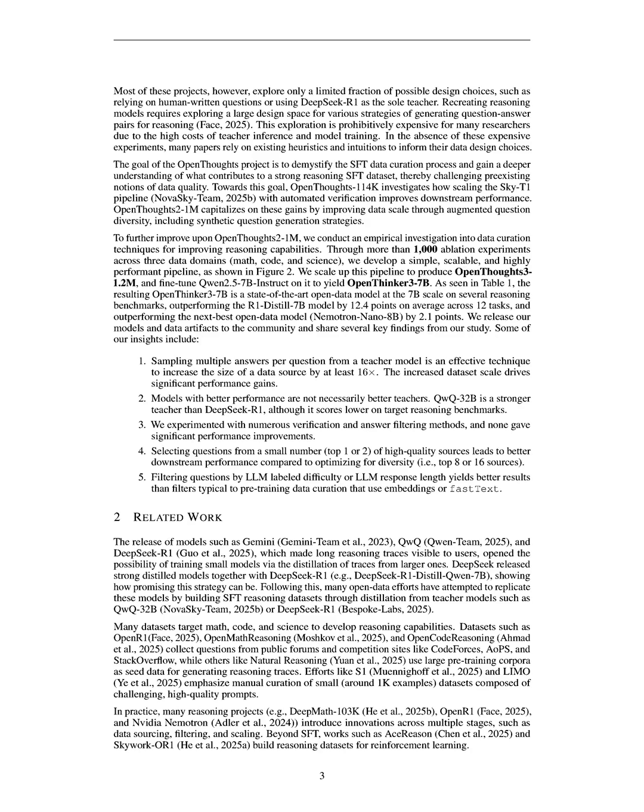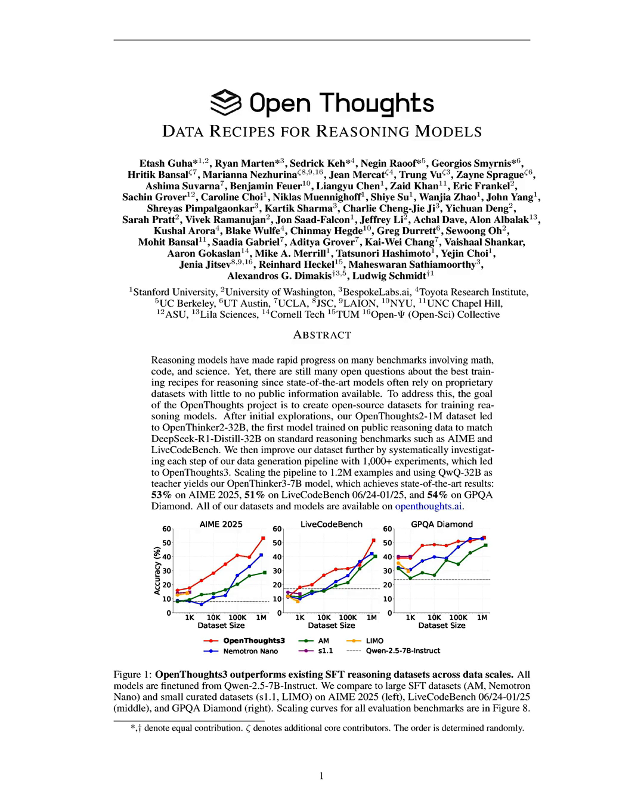The findings indicate that the quality and scale of the curated dataset are critical levers for enhancing reasoning capabilities, as OpenThinker 3-7b also surpassed the next best open data model, Nemotron Nano-8b, by 2.1 points.